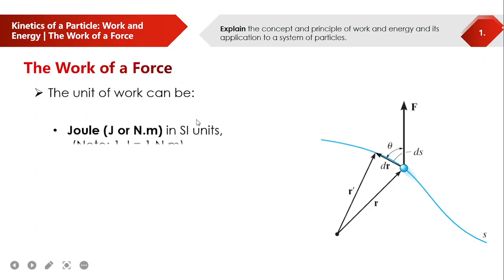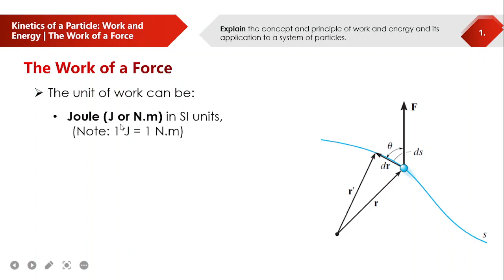The unit of work can be joule, J, or Newton meter in SI units. Note that 1 joule is equal to 1 Newton meter. And for FPS system naman is foot pounds. Okay? But take note, class, if we say foot pound, work yun. But if we say pound foot, kabaliktaran na, pound foot ha, that will be your torque or your moment.